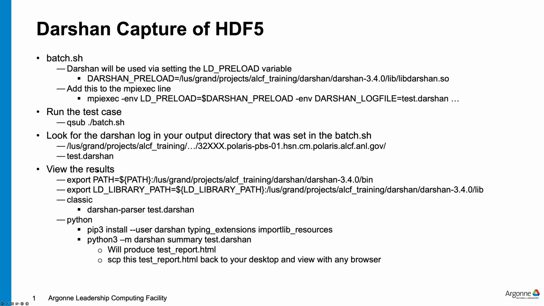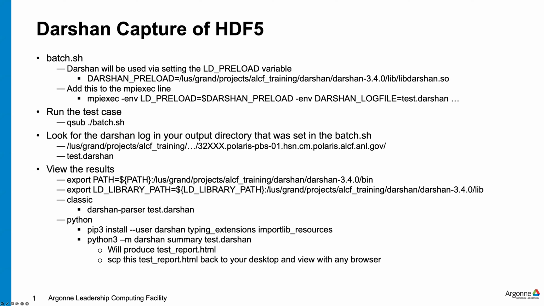Now, in order to view the results, there's two ways, and we can start with at your command line, export the path, and then add the path here, ALCF training darshan 3.4.0 bin. This will give you access to the existing binaries. Also set this LD_LIBRARY_PATH.